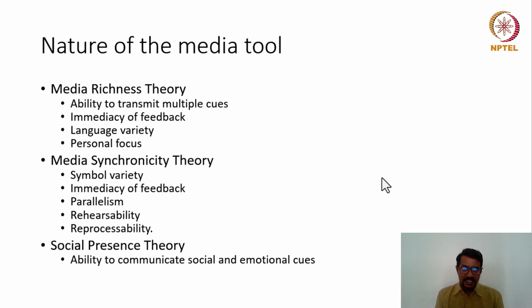Media richness theory talks about what qualities make a media rich, make a media good for communication within a team. Media synchronicity theory talks about certain qualities, even though they may not be considered richness, but they help in team processes. For example, rehearsability.